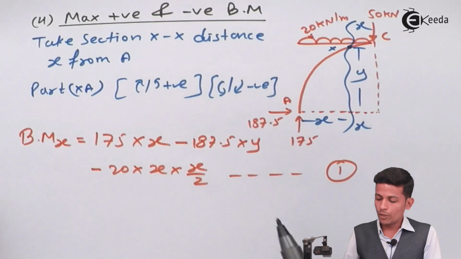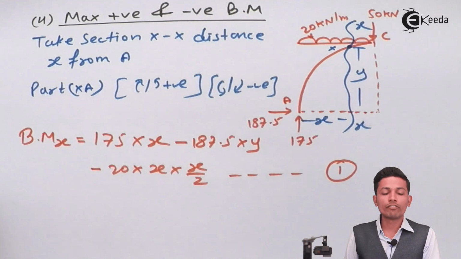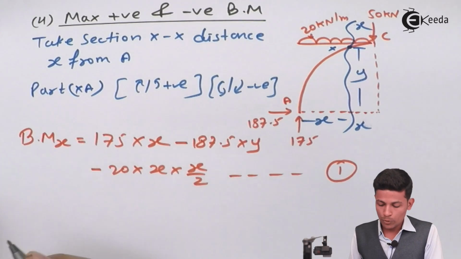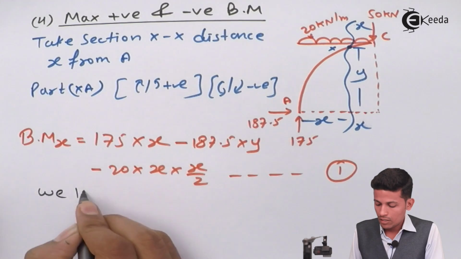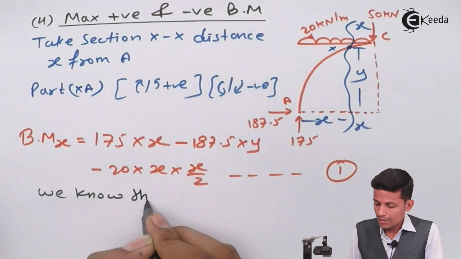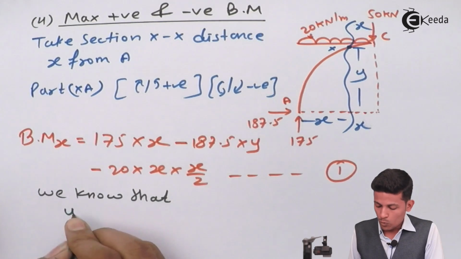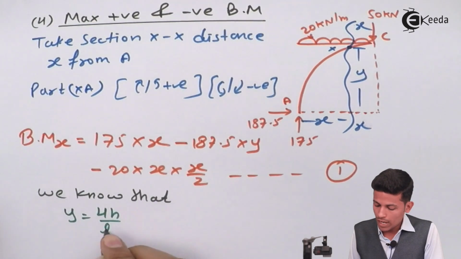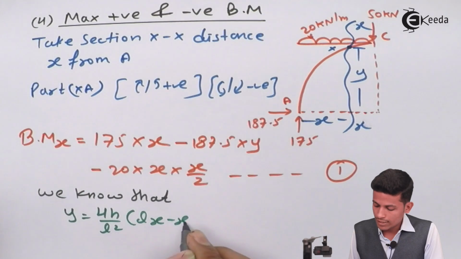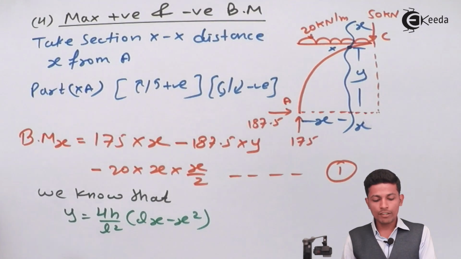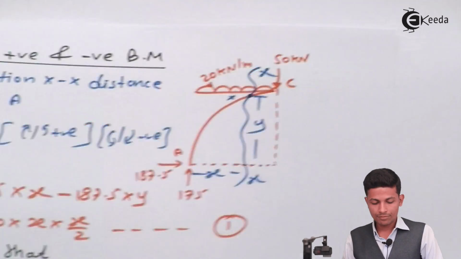But here we don't know the distance of y, and we don't know the distance of x also. So at that time, we know that y is equal to 4h upon L square into (Lx minus x square). Simply put the value over here first.